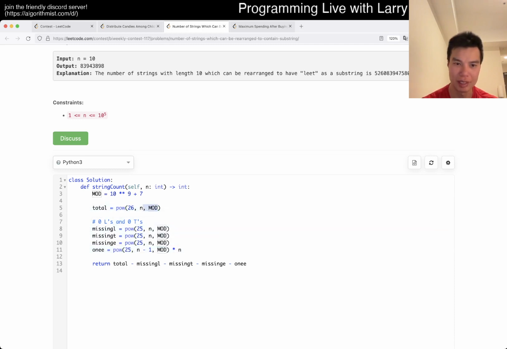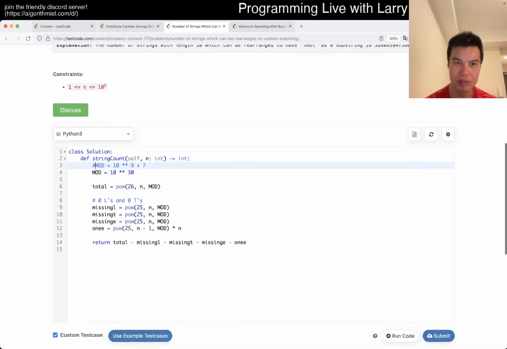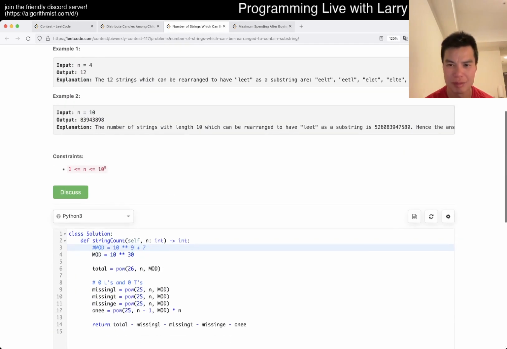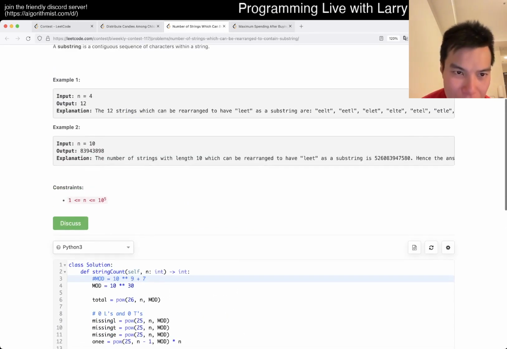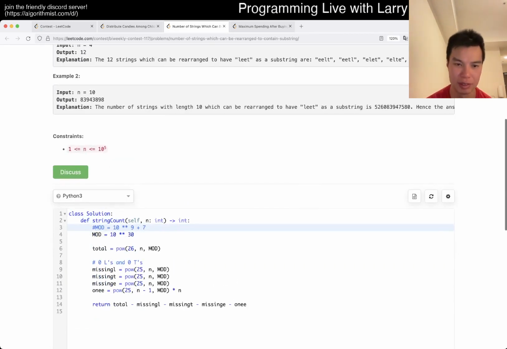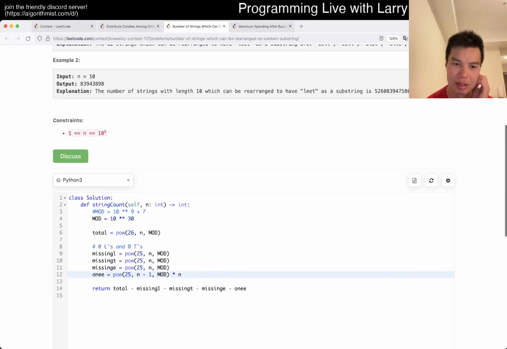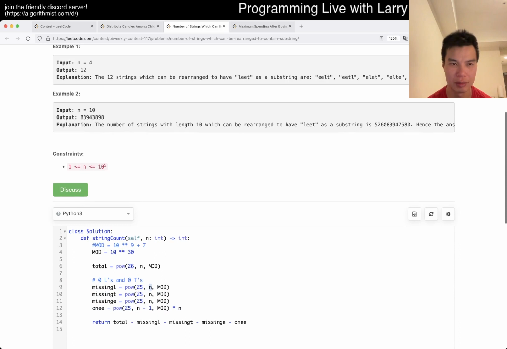Maybe I could do it without mod. Okay, let's do... I just want to see if the 10 answer could be good. Am I already subtracting too much? Okay, let's do 4, right? 26 to the 4th. I mean, yeah, I guess we're subtracting too much, but this is a lot for 4. Let's add in 25 to the 4th.